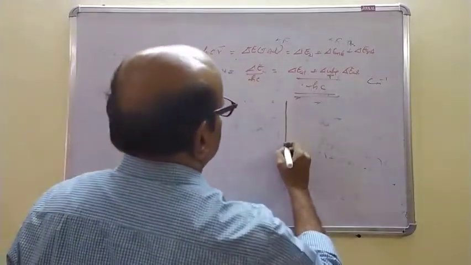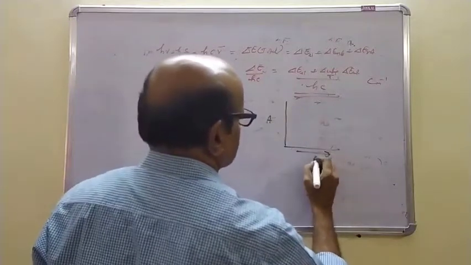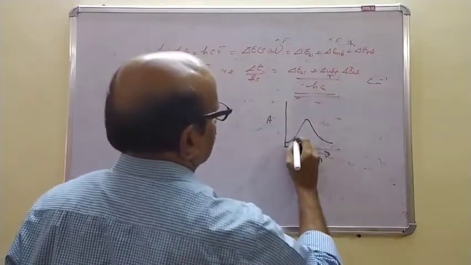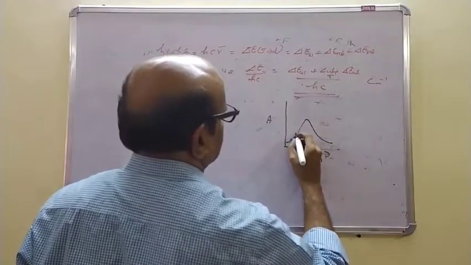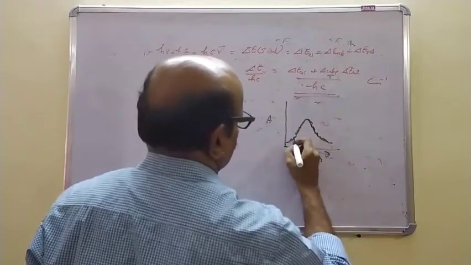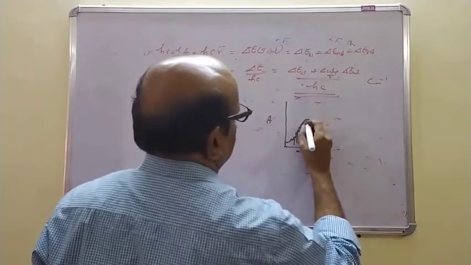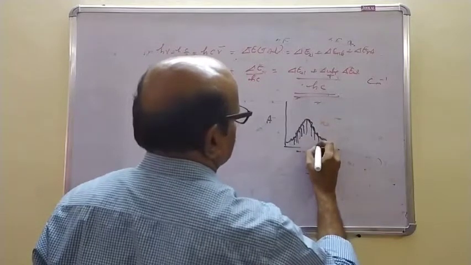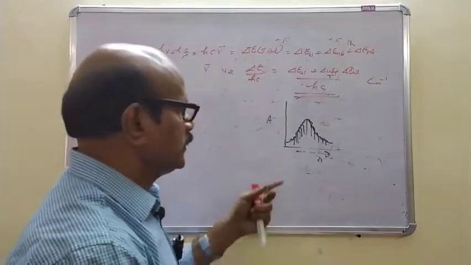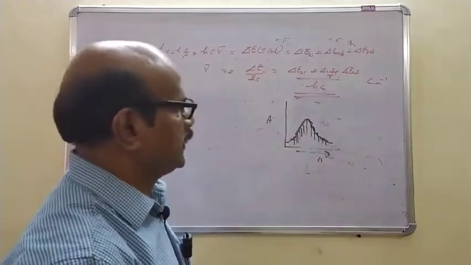If we plot absorbance versus wavelength, it looks like this. It consists of various lines. This is the vibrational coarse structure, and this is a rotational line. This is the type of a typical electronic spectrum.